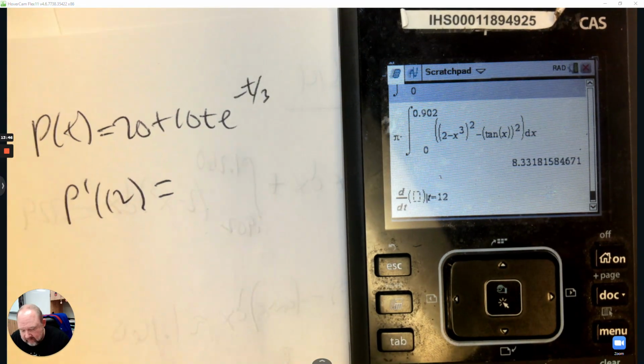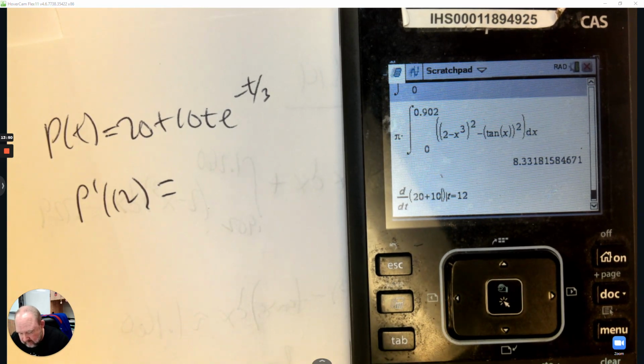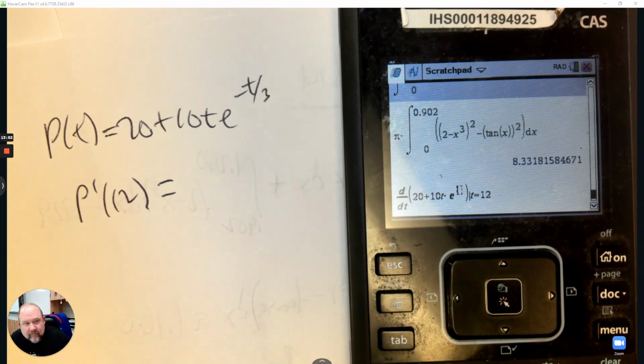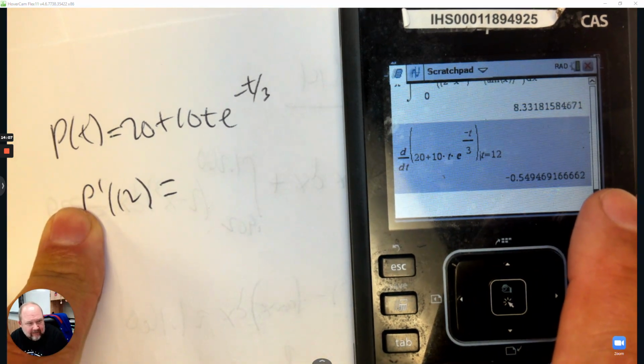And then we're just going to type in 20 plus 10t times e to the negative t divided by 3. That's it. And you get negative 0.549.